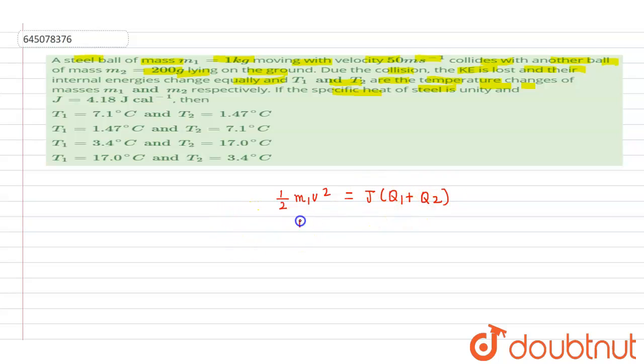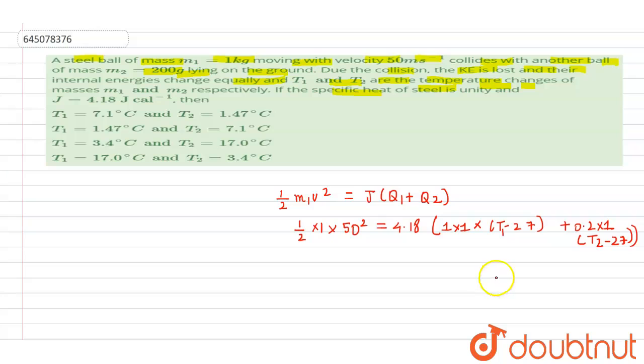If we put in the values, we get half into 1 into 50 squared equal to 4.18 times (Q1 plus Q2), which is 1 into 1 multiplied by (T1 minus 27), if we consider the initial temperature to be room temperature, plus 0.2 multiplied by 1 multiplied by (T2 minus 27). We took the specific heat as 1 because it is mentioned in the question, and the masses are 1 and 0.2 respectively.